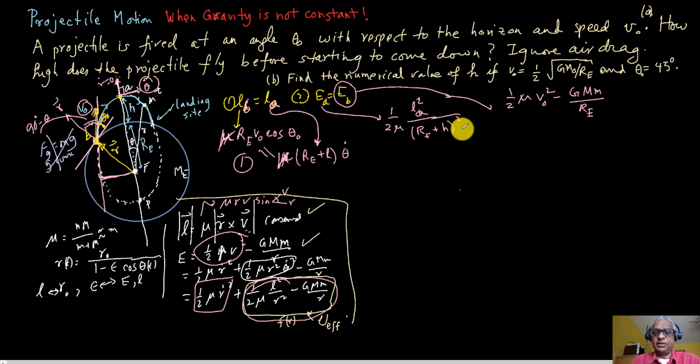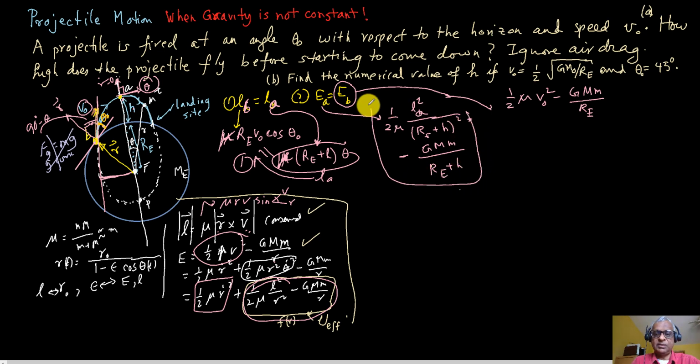Now LA, this whole thing is LA, and this LA is equal to that, so I can actually write the, I forgot to write the potential energy, minus GMm over RE plus H. So this together is the energy, and I can put in here this expression for that LA, and so I will have a big expression.